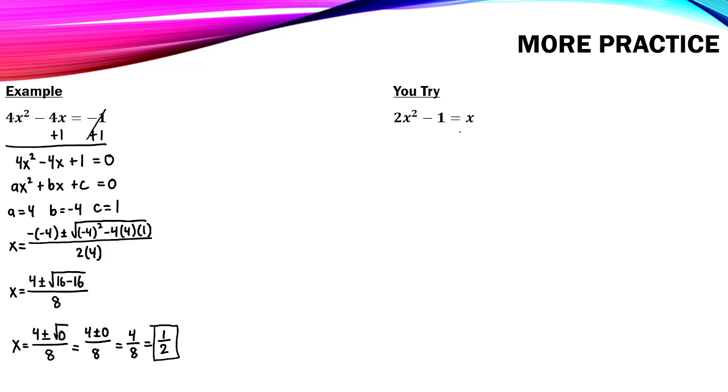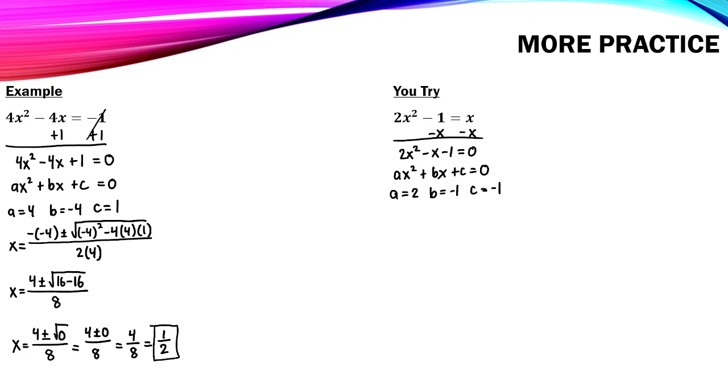First thing we should do here, subtract the x to the other side, so we have this in standard form. This is going to give us 2x squared minus x minus 1 is equal to 0. And according to my standard form, which is ax squared plus bx plus c is equal to 0, I know that my a is equal to 2, my b is equal to negative 1, and my c is equal to negative 1 as well.